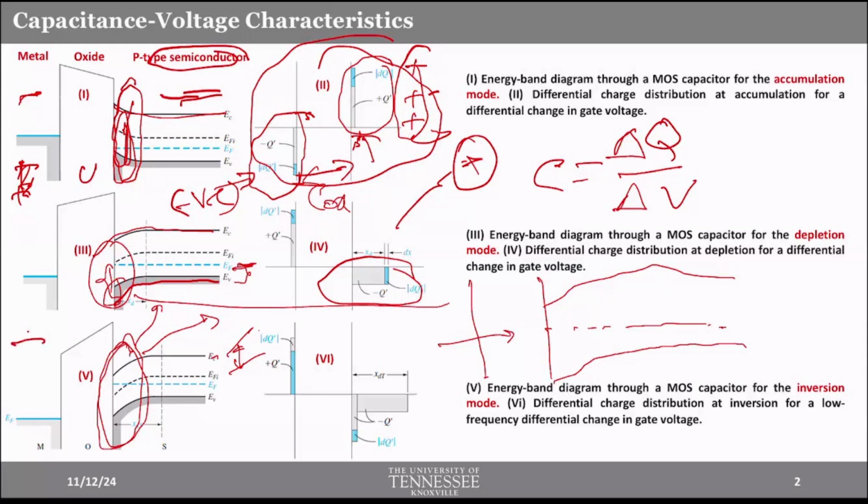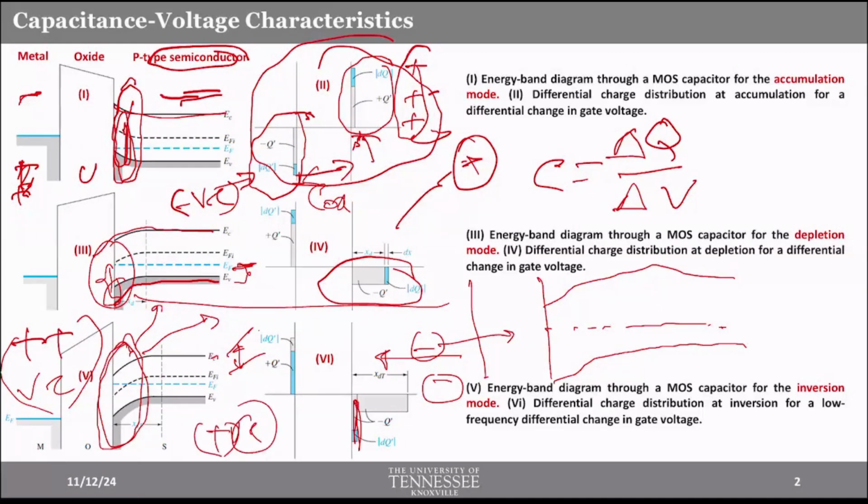But when we apply a very, very large positive voltage, what will happen? The voltage is so large that now it can actually attract the minority carrier electrons inside the substrate, right? We know that a p-type substrate has majority holes, but it also has minority electrons, right? Not much, but a little bit. So these electrons get attracted when we apply a large positive voltage.